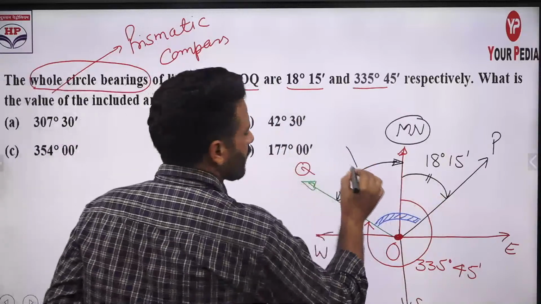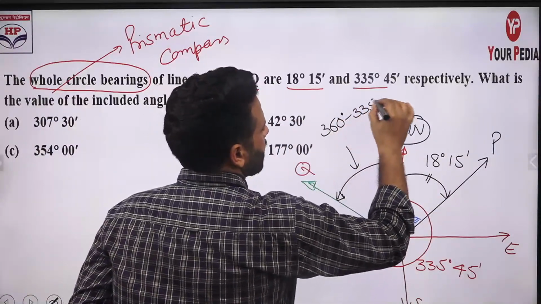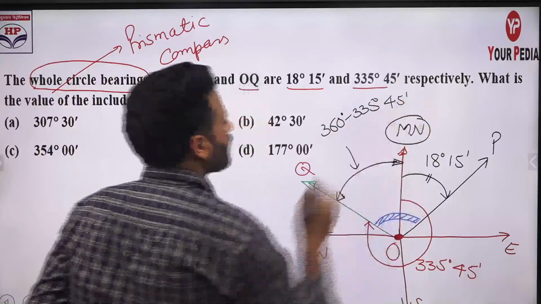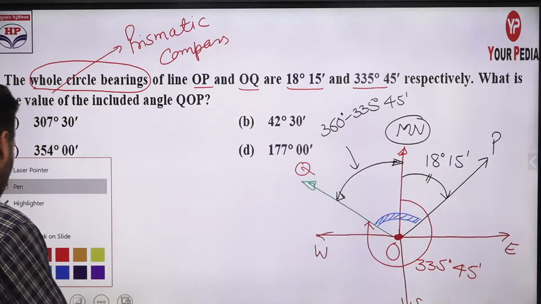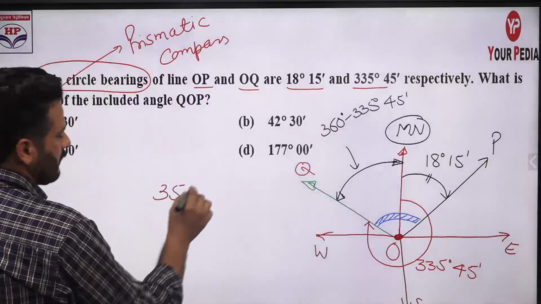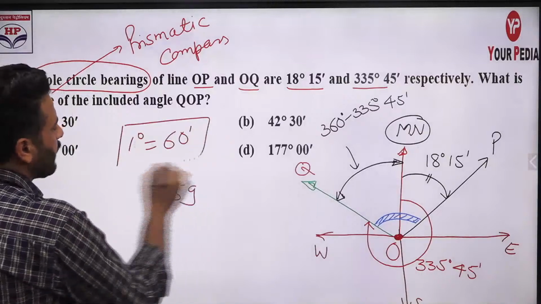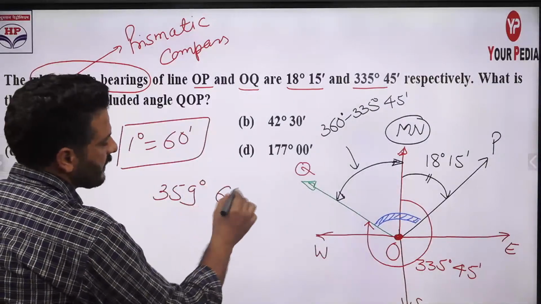So this will be your 360 degree minus 335 degree 45 minutes. Now don't say, sir, we don't have a calculator, how to solve this thing. You know very well 1 degree equals 60 minutes, so 359 degree 60 minutes.